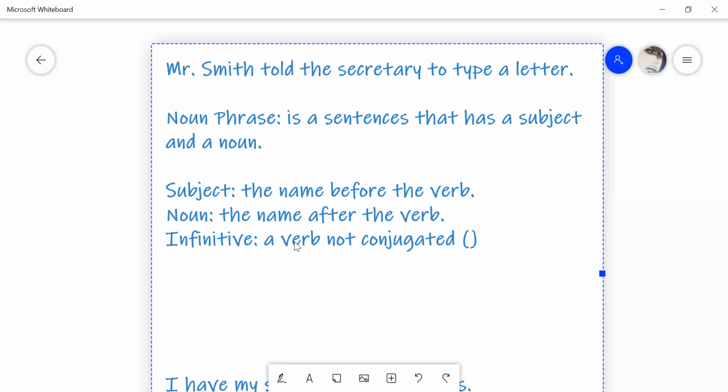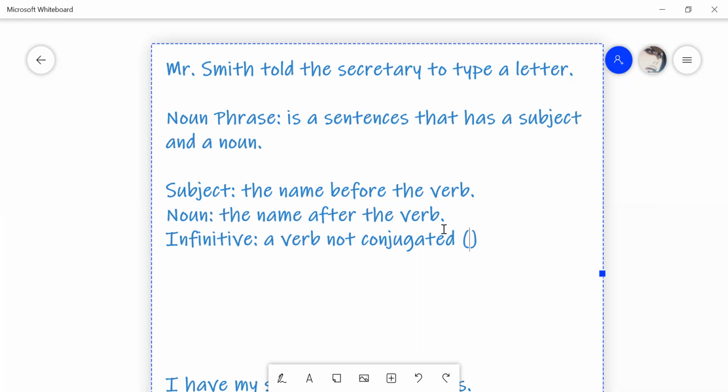Very good. Sorry, teacher, yes, go on. I think it is when it is without a particular to. Is it with it or without? With, okay.